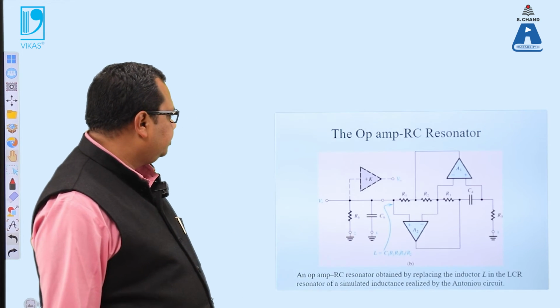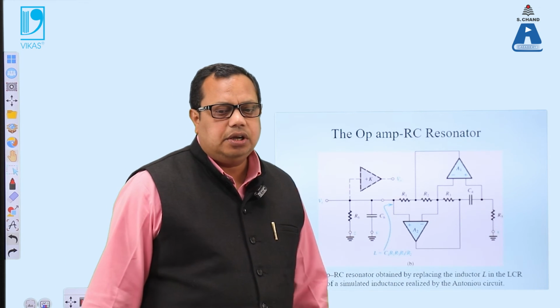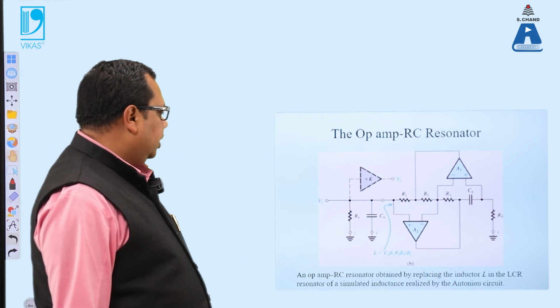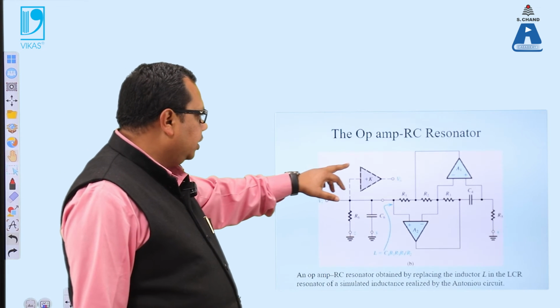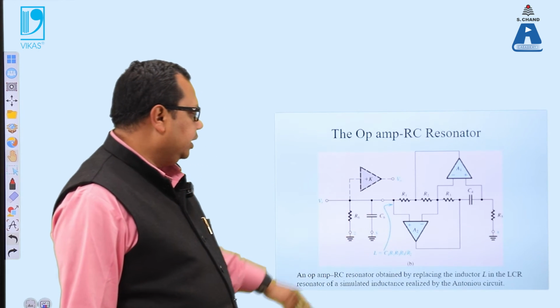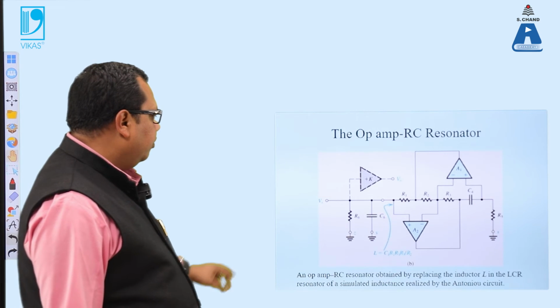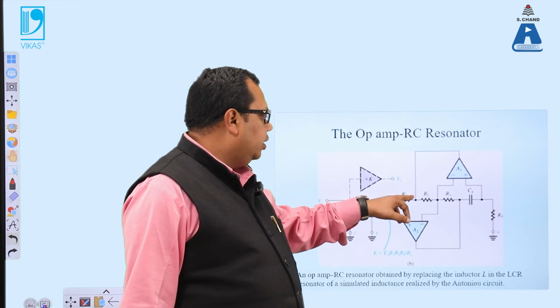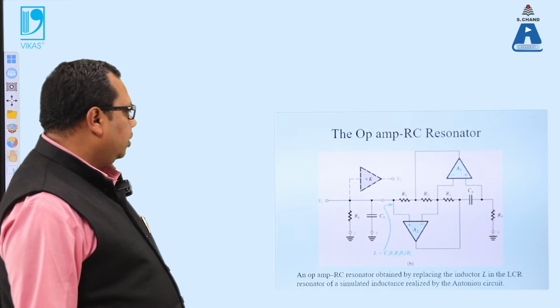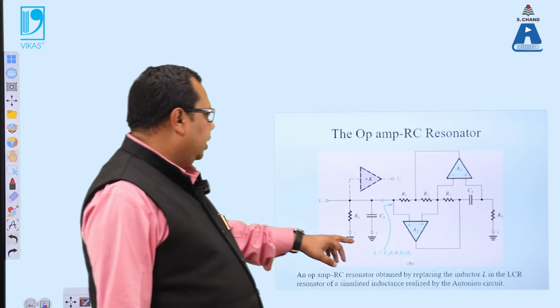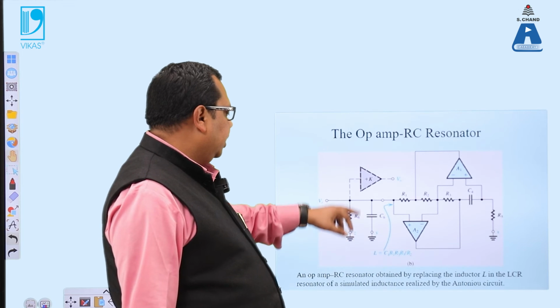Then we have the circuit analysis of the resonator, showing how the circuit has been made. We are using the opamp as we saw in the previous circuit, connected to R1, R2, R3 and the capacitor C4. We see how this circuit is connected with the inductor and how it is connected with the values.